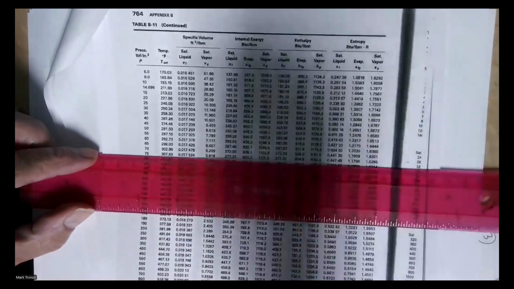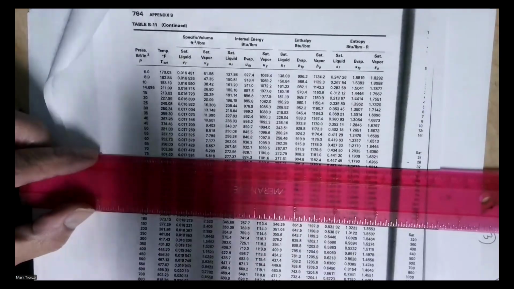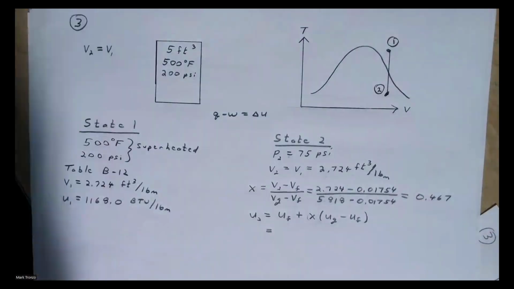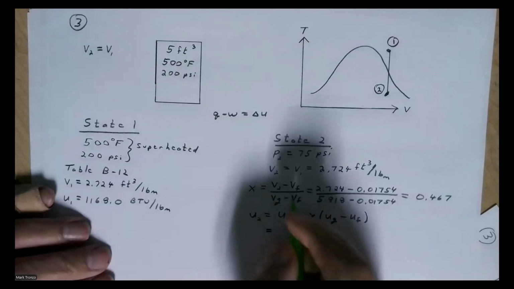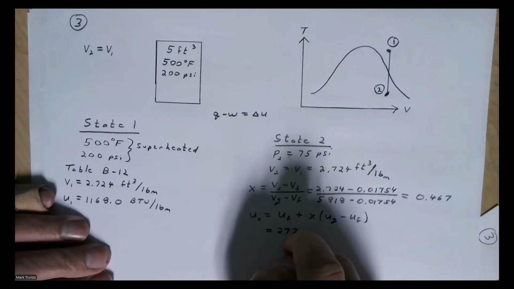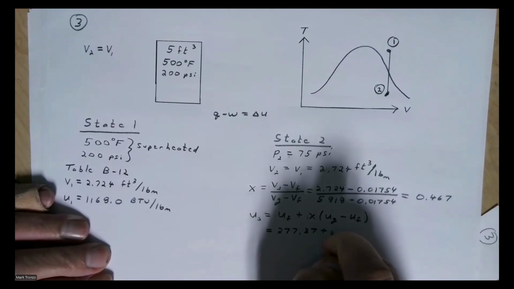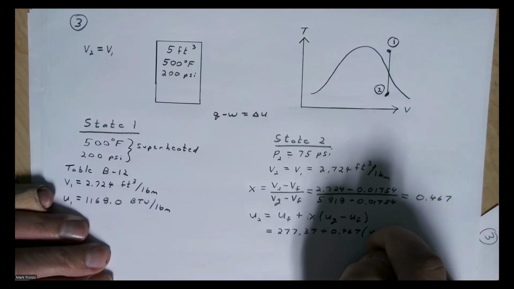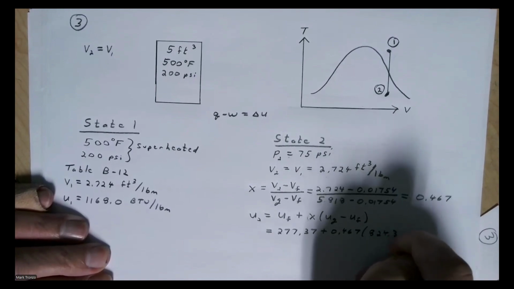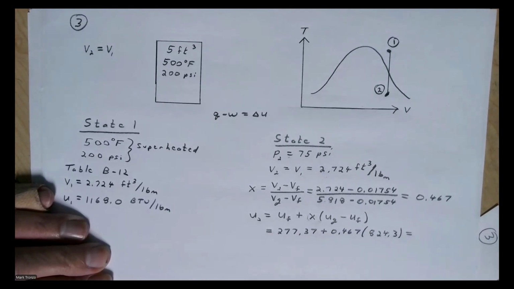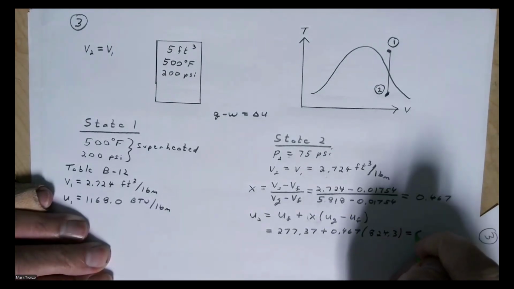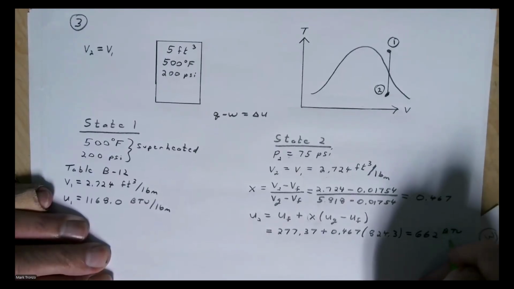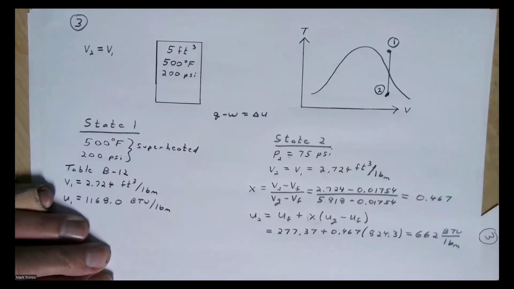Our UF is 277.37, and the UFG is 824.3. That gives us 662 BTUs per pound.